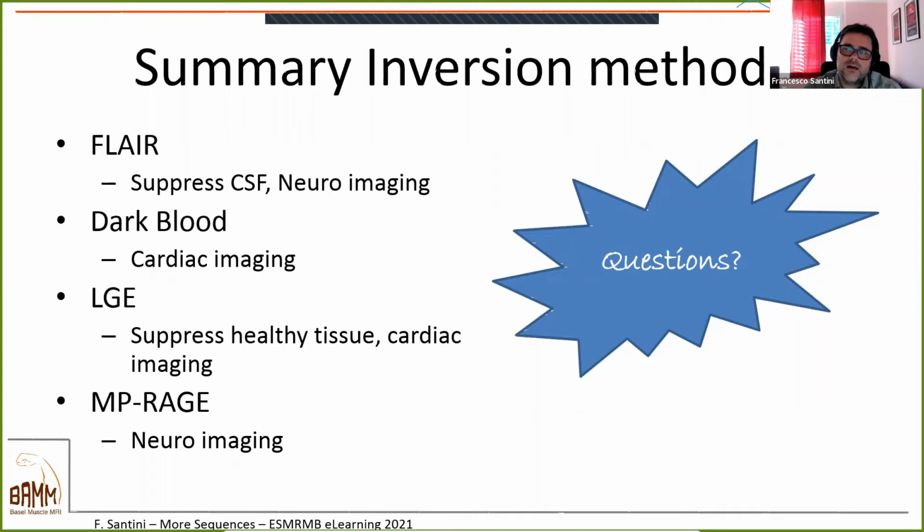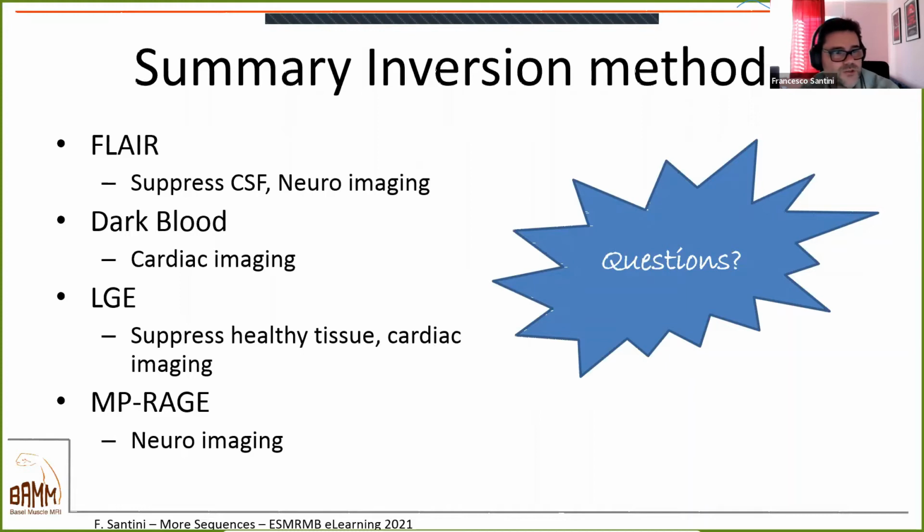One very famous sequence that I think Siemens now has as a product is the MP2-RAGE sequence, which is a variant of the MP-RAGE sequence that actually uses 2 inversion times, and it can also estimate a T1 map and other good things.